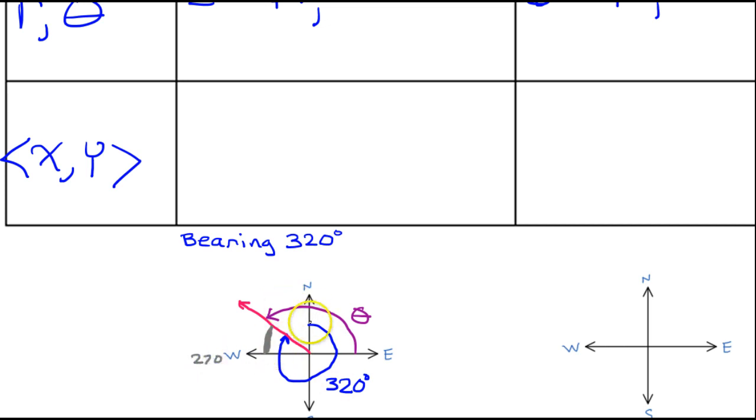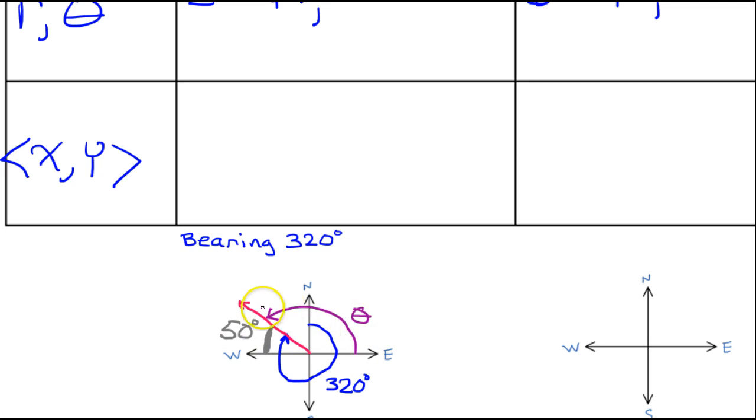Now we're talking about bearing. So as we went clockwise from north, it was 90, 180, 270 is here. By the time we got to the actual vector, we were at 320 degrees bearing. So the reference angle is the difference between these two, 320 minus 270. So the reference angle is 50 degrees.